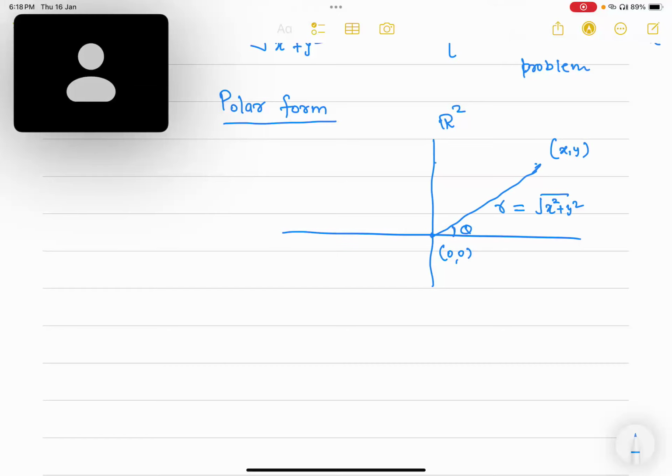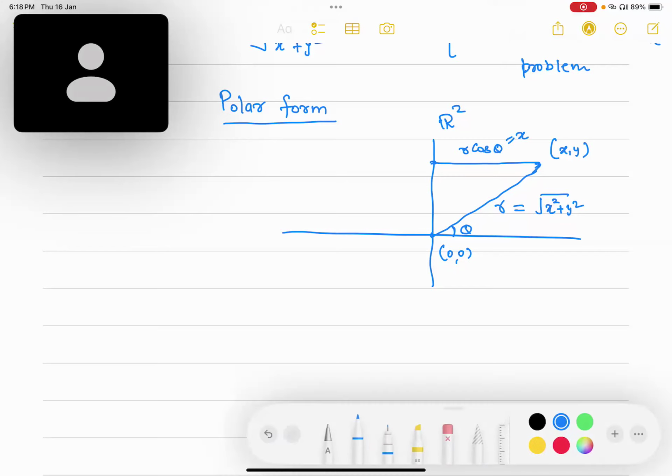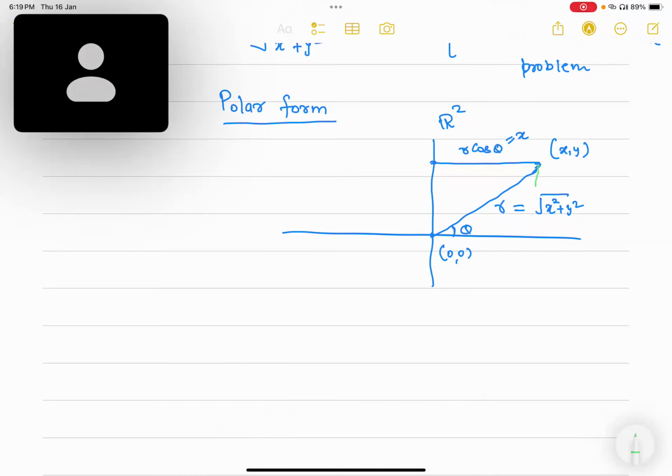You can check that this length will be r cos theta, which is equal to x. Similarly, this value is r sin theta, which is equal to y. So x is equal to r cos theta, y is equal to r sin theta, and r equals under root x square plus y square.